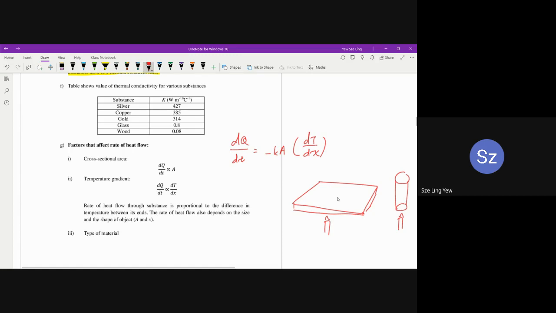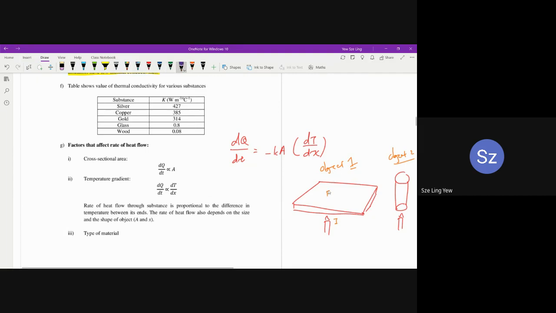Of course, it's the one with a larger cross-sectional area. I'm going to call this object 1 and this object 2. The initial position is the place with the fire, the bottom of this metal plate, and the upper part of this metal plate is the final position.